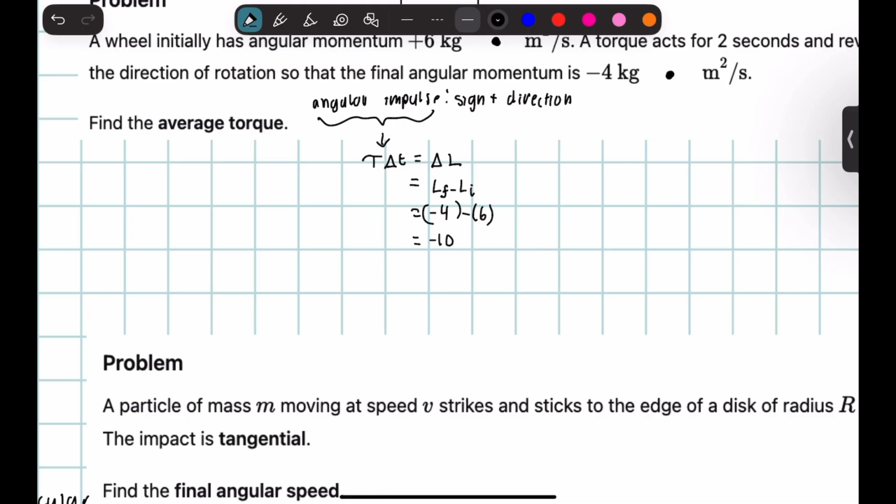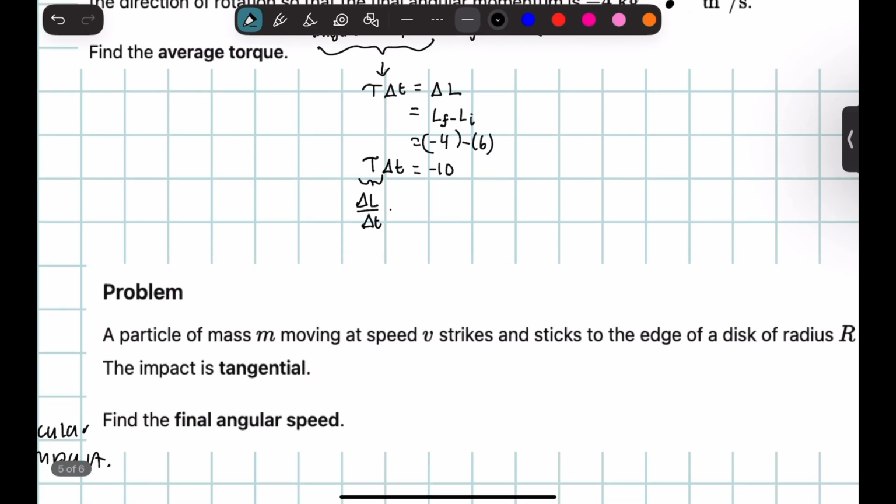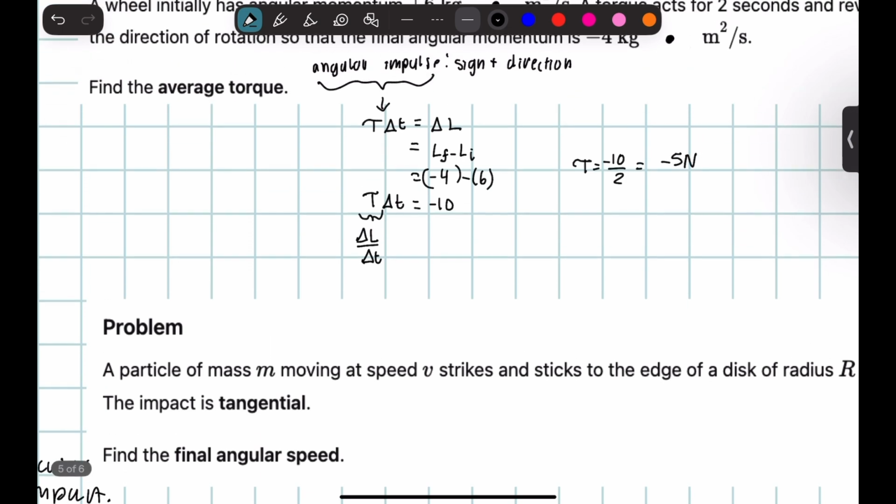Now solving for torque, we have torque is equal to delta L over delta T, and torque is just going to equal negative 10 over 2, so therefore it's just equal to negative 5 newtons.